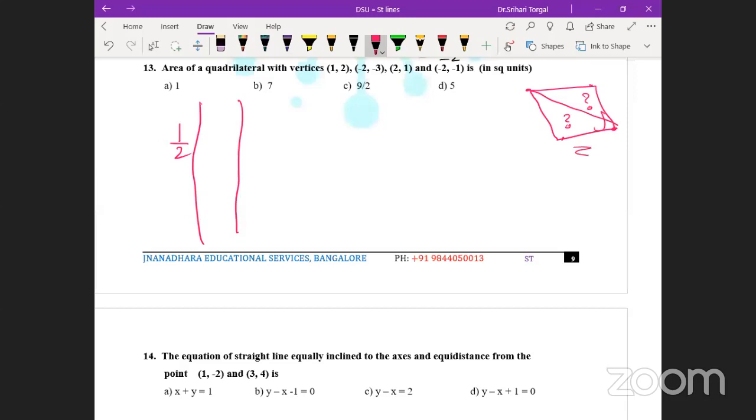This is the procedure you have followed in your earlier classes, in high school and first PUC. So I'll suggest not to go for this method. Write down all the points one by one and calculate. The similar method. Go down and come upwards with a change in the sign.